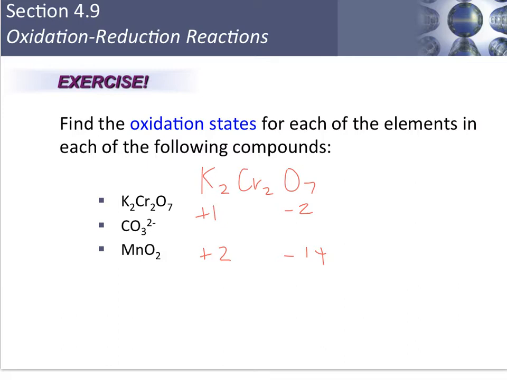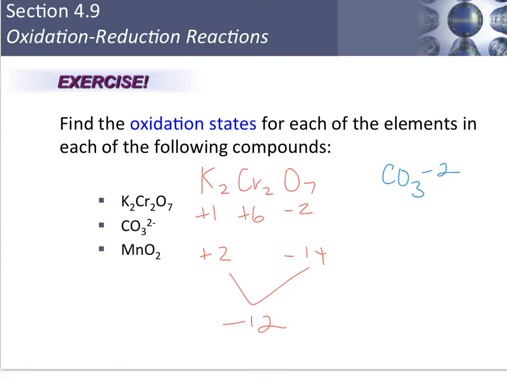If I look at the difference between +2 and -14, that is a -12. And so I basically need +12 to balance that out. So each chromium would have to be a +6. 2 times +6 is +12, and then that will balance out the oxidation states in the compound.